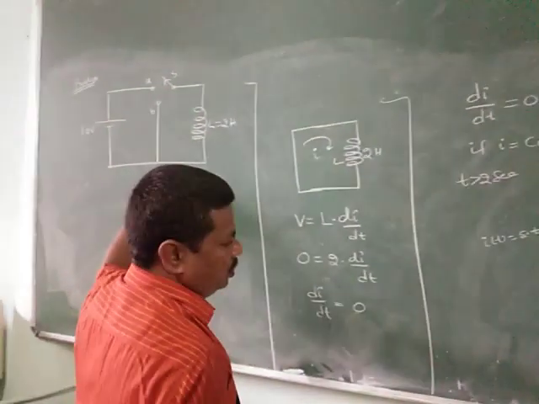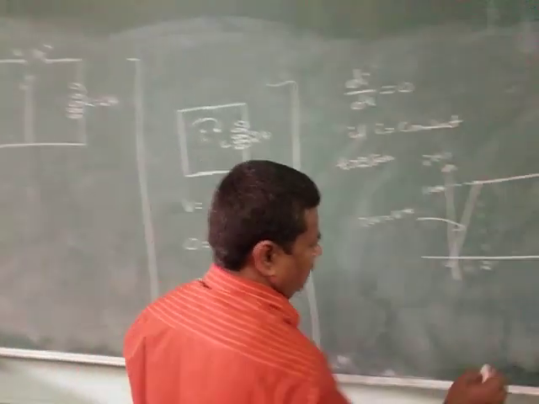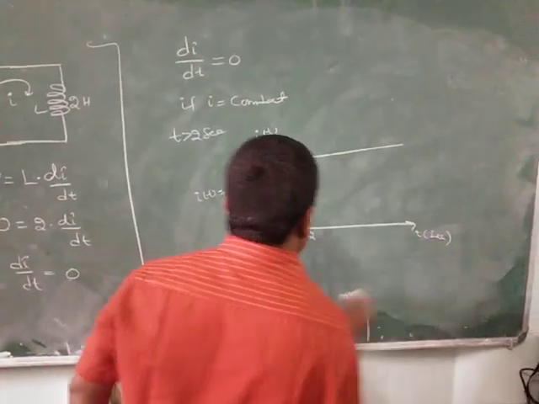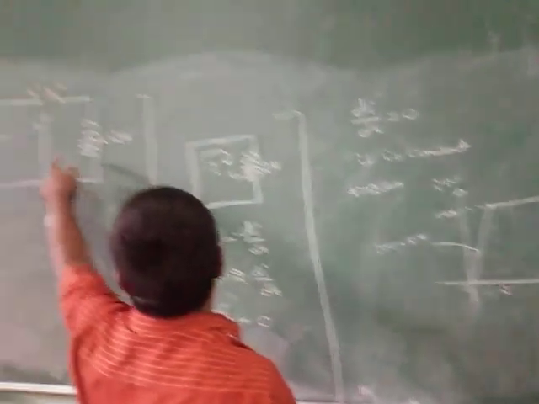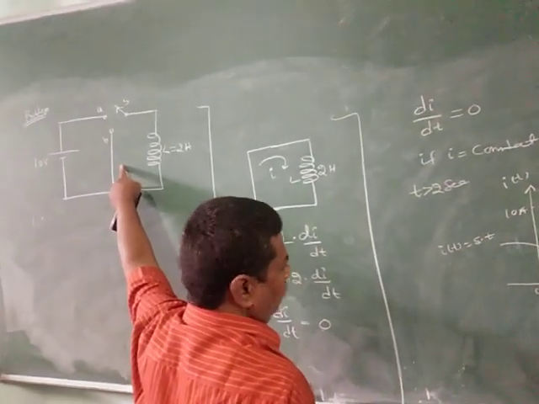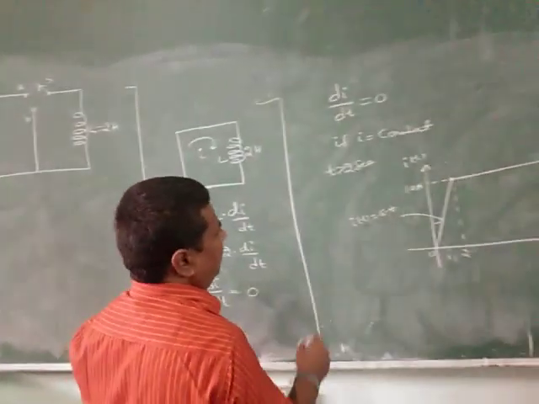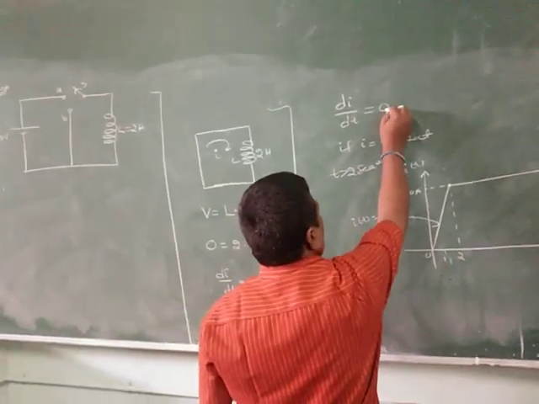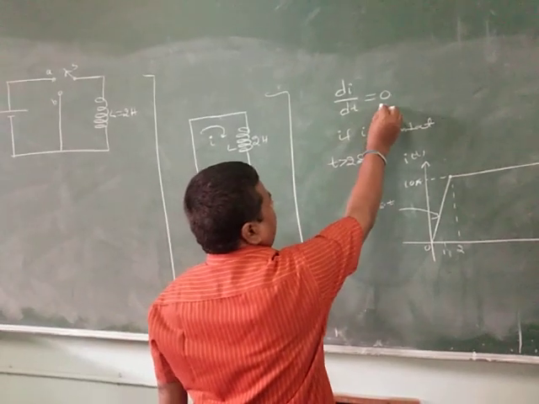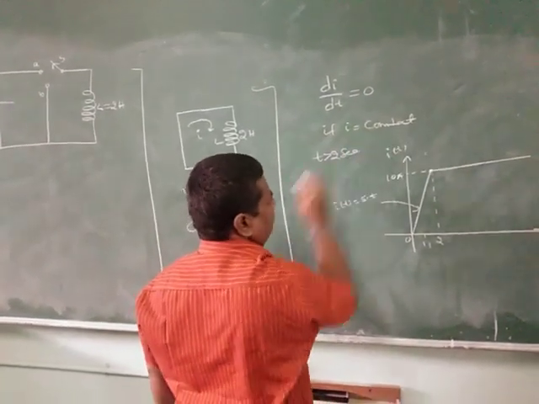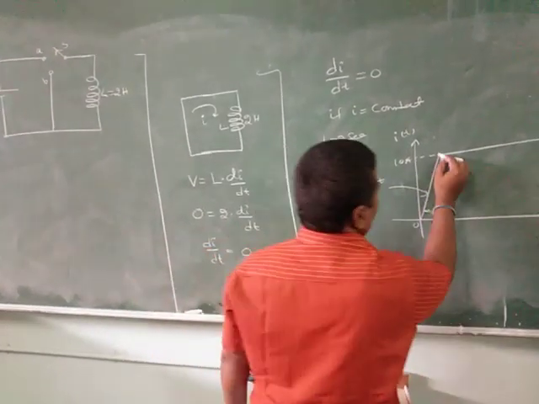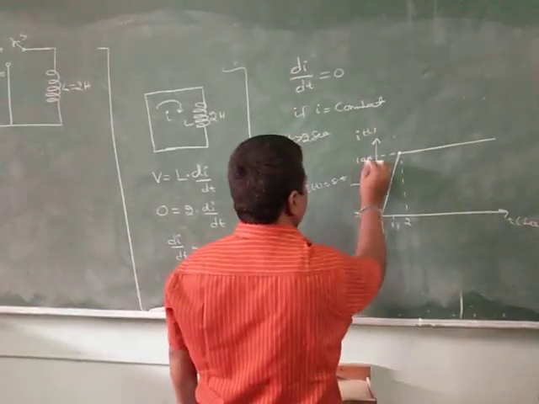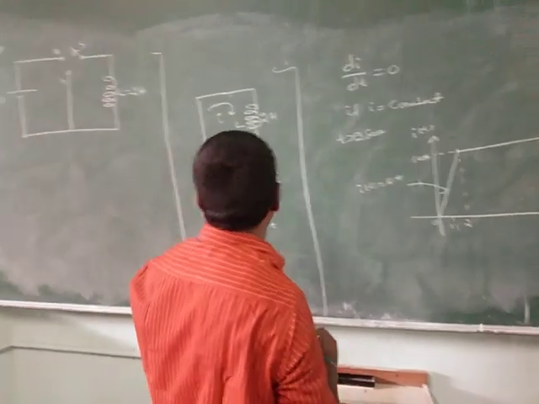Then at t equal to 2 seconds, the switch is connected to point B. When the switch is connected to point B, the derivative is equal to 0. This is valid only if the current is constant. So for t greater than 2 seconds, the current is constant at 10 amperes. So this is the response.